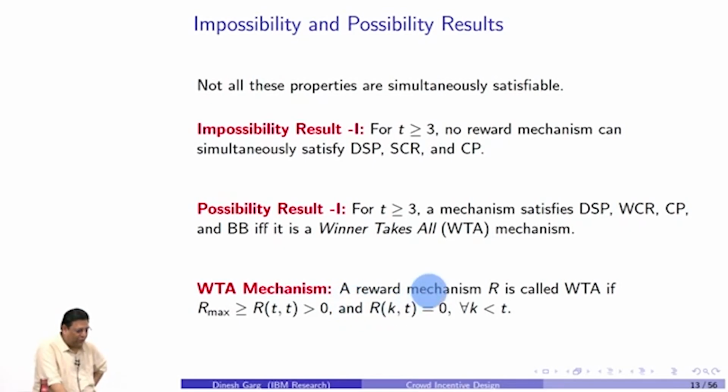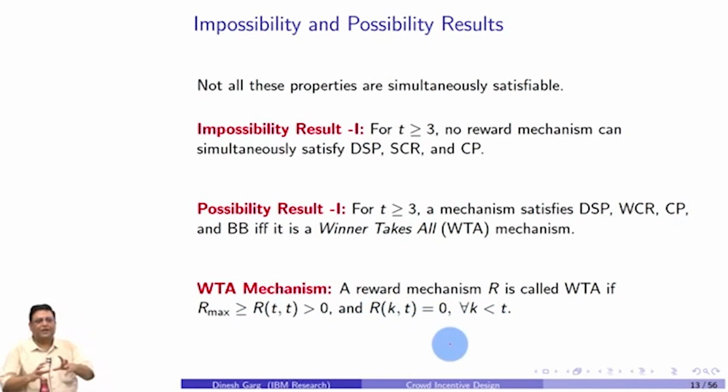It says that a reward mechanism R is called winner takes all if R max is greater than or equal to R_TT, which is greater than or equal to 0, and R_KT equals 0. What does it mean? Only the person who spots the balloon will get some positive reward, up to the maximum cap on the budget available, and everybody else will get 0.